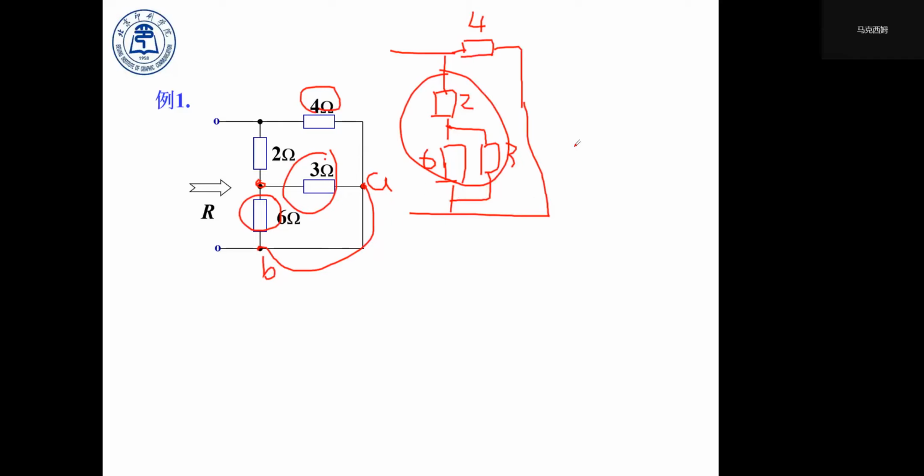To simplify that, we can make it much more explicit. Like this, we can see 2 here, 6 here, 3 here.